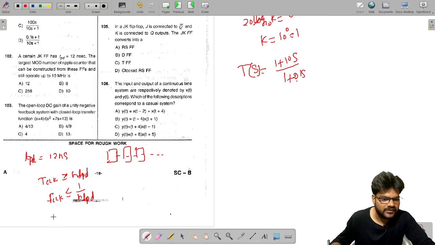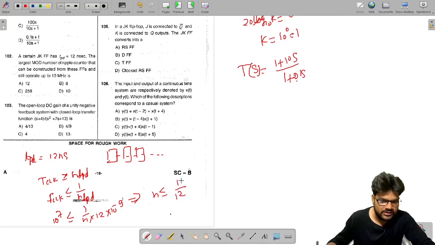So f clock we are given 10 mega, it means 10 to the power 7, so less than or equals to 1 by n, and TPD we are given 12 nano, so 12 into 10 to the power minus 9. So from this n will be less than or equals to 1 by 12 into 100, right. So n will be less than or equals to 8.33. n is number of flip flops, so n has to be integer, then roughly we can write 8.